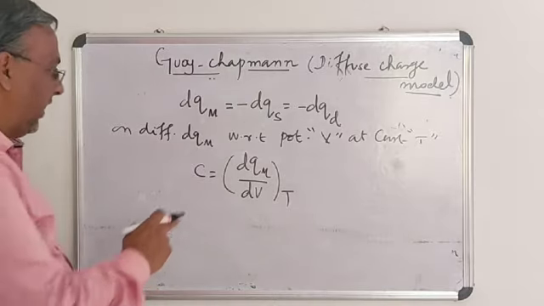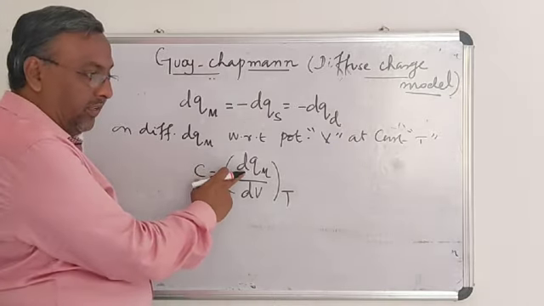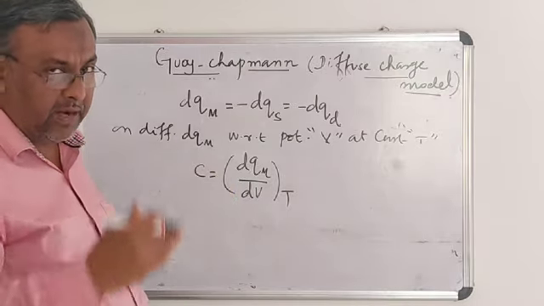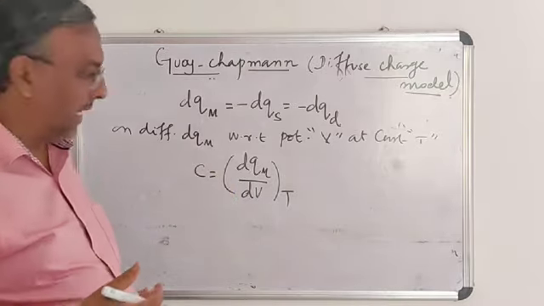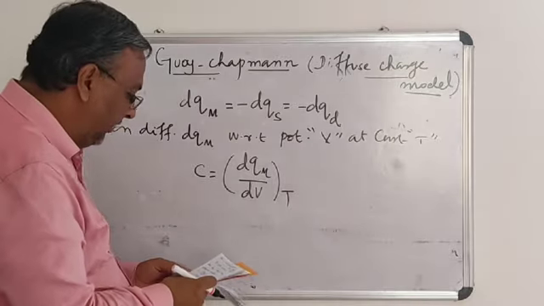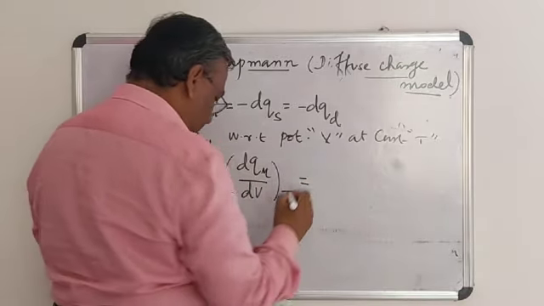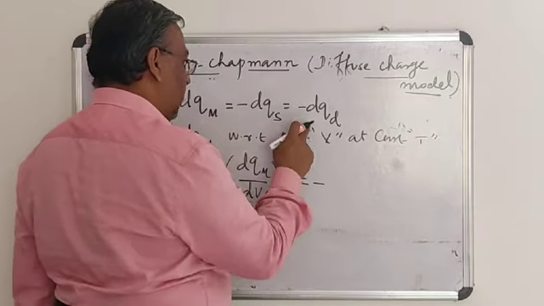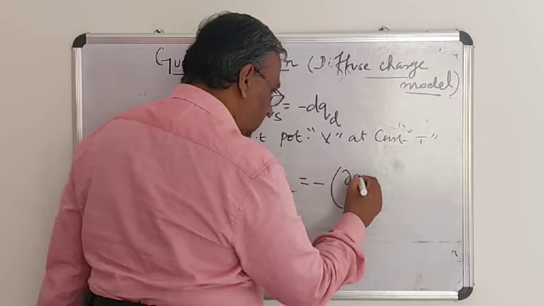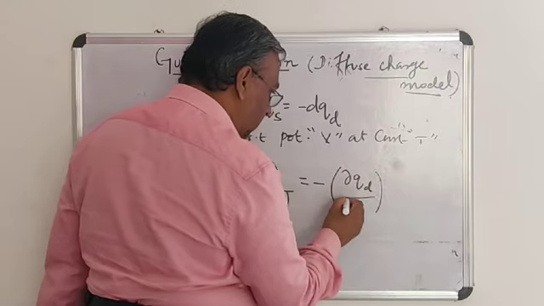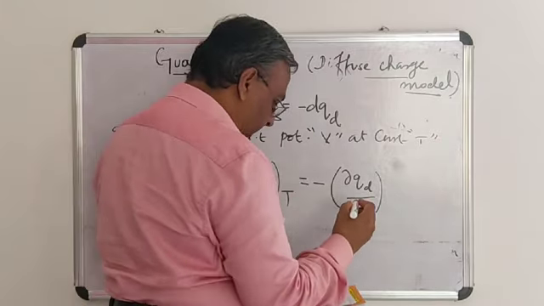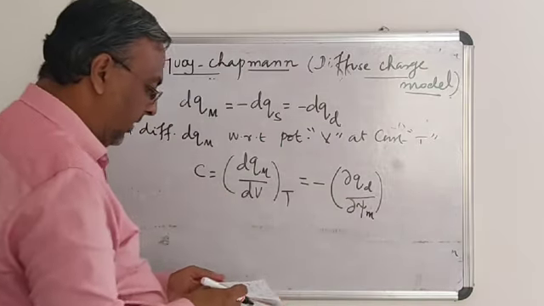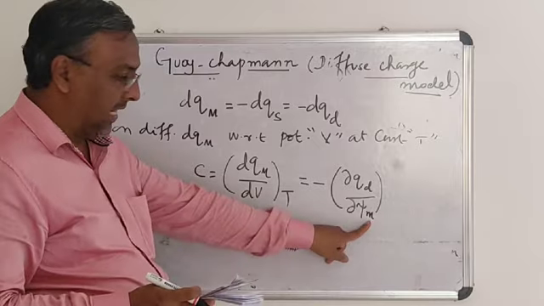He is finding the change in the net excess charge density over the metal by varying the potential at constant temperature. This value is equal to minus dQd with respect to psi m. Here, psi m is the potential.